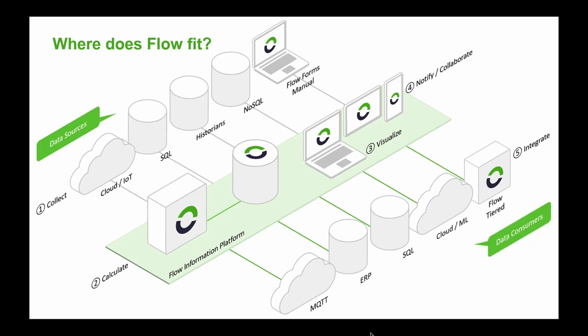And then the last one, which I'd like to talk about, is a tiered Flow system. And this is very powerful because you can actually tier multiple Flow systems on top of each other.